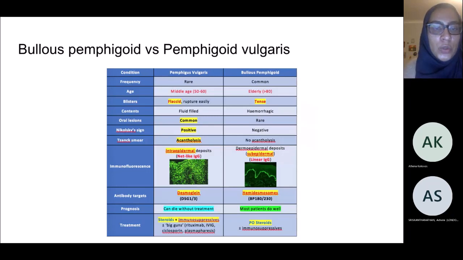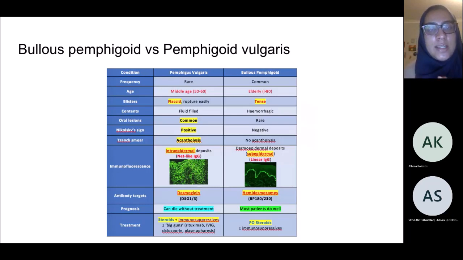And as a result, you get this kind of linear pattern on immunofluorescence. Now, the reason why I'm being that specific about it is that you might sometimes get SBAs which mention this linear immunofluorescence pattern, and they might mention this idea of antibodies being found in the subepidermal region.